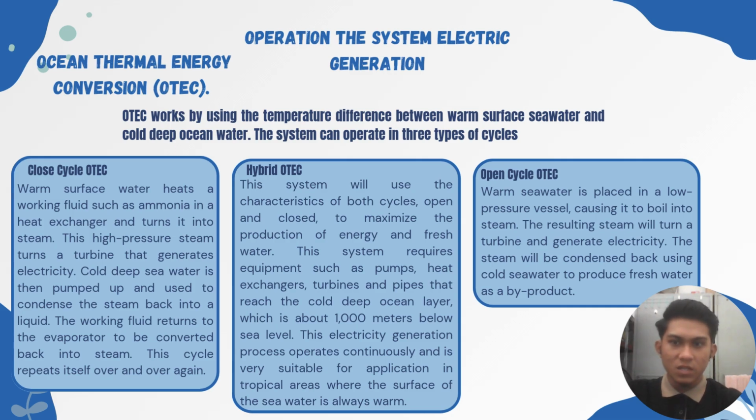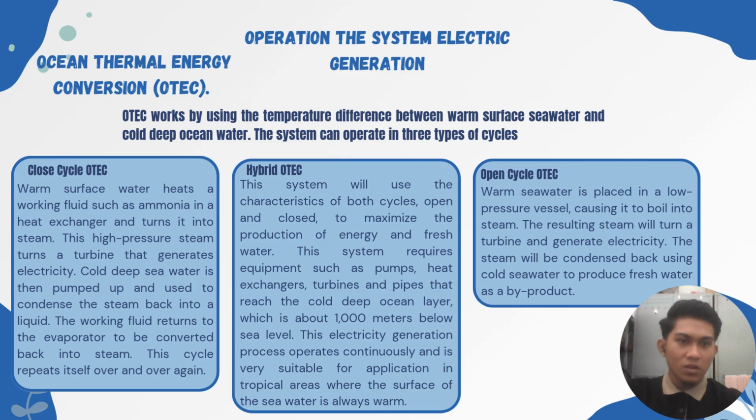This high pressure steam turns a turbine that generates electricity. Cold deep seawater is then pumped in and used to condense the steam back into liquid. The working fluid returns to the evaporator to be converted back into steam. The cycle repeats itself over and over again.